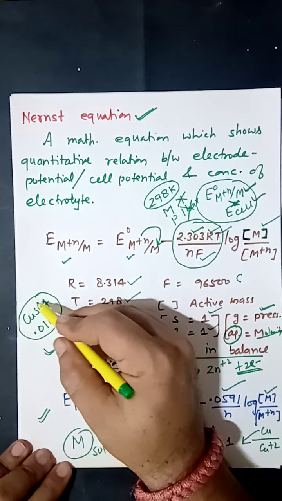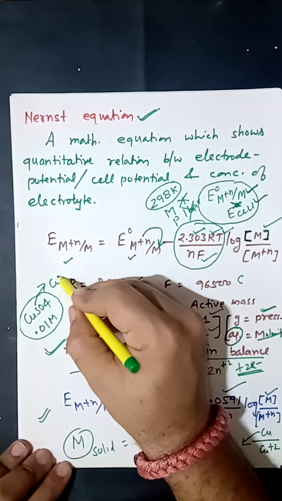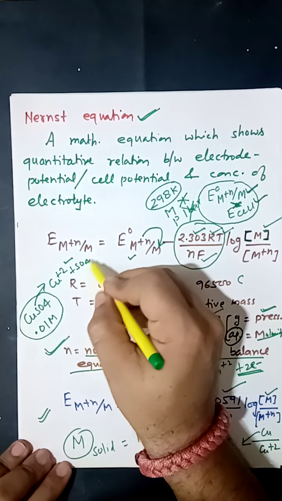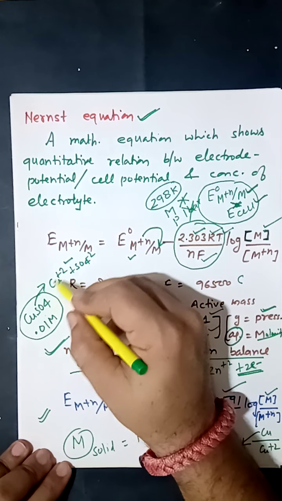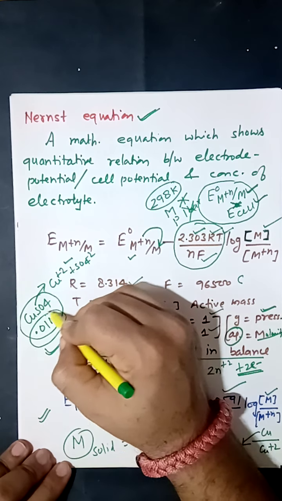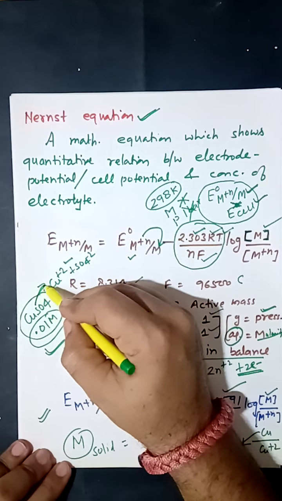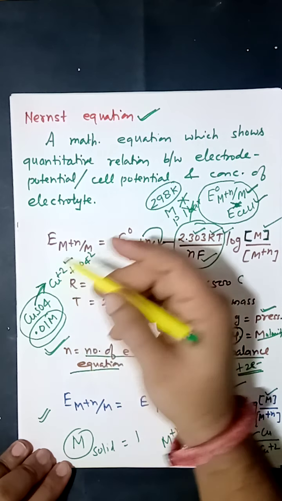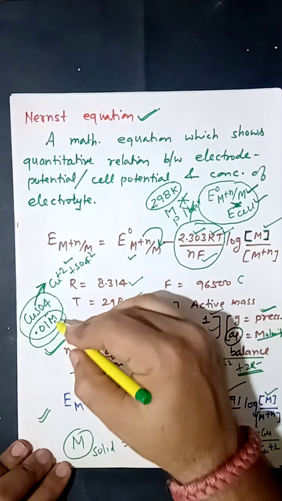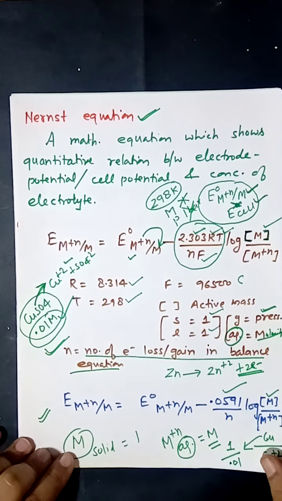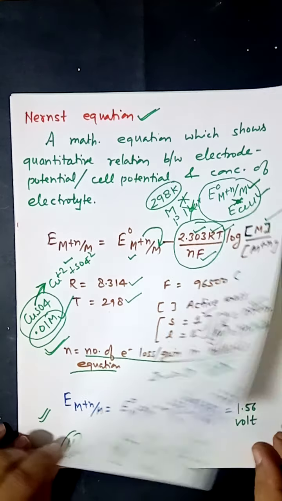We know that when copper sulfate dissociates, it gives copper plus sulfate. The ratio between copper sulfate and copper you can see is 1:1. So whatever the concentration of copper sulfate, finally it will be the same concentration of copper ion also. So here copper will be 1 and copper ion will be 0.01 as it is given for the concentration of copper sulfate.